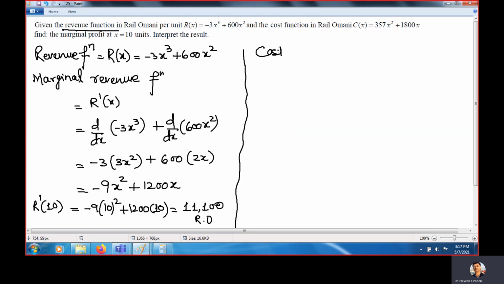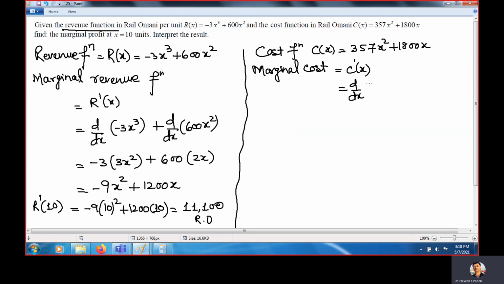Now the cost function is also given. What is given? Cost function, C x. C x is how much? 357 x power 2 plus 1800x. Clear? So marginal cost is C dash x, and C dash x means d by dx of the first function and d by dx of the second function.